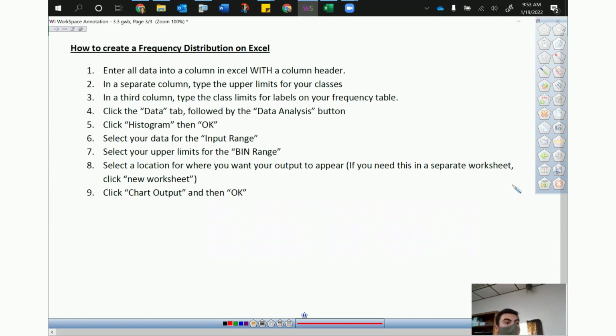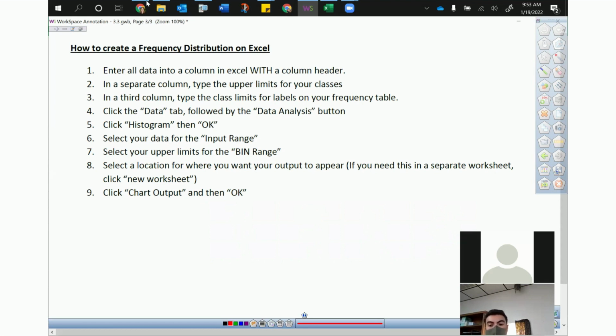So I don't know if you guys know this, but if you download Microsoft Office onto your cell phone, you can literally take a picture of a data table and it will transpose it into data for you. So you don't have to sit there and type it all in, which is amazing. So I've already done that for you, no big deal.